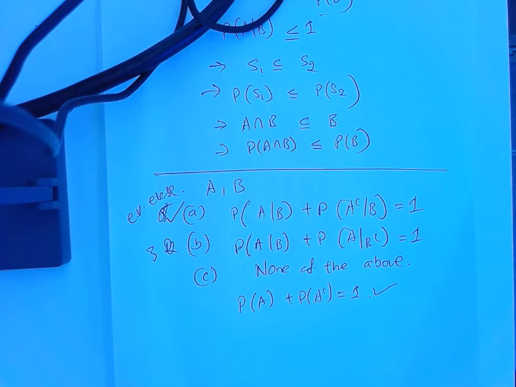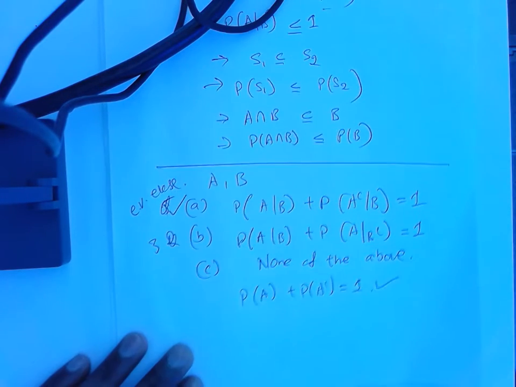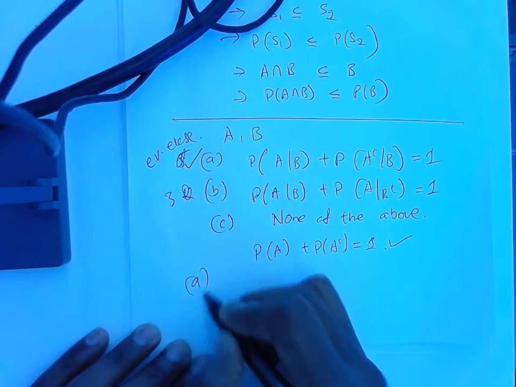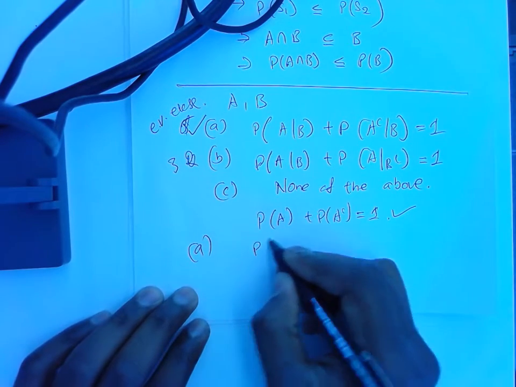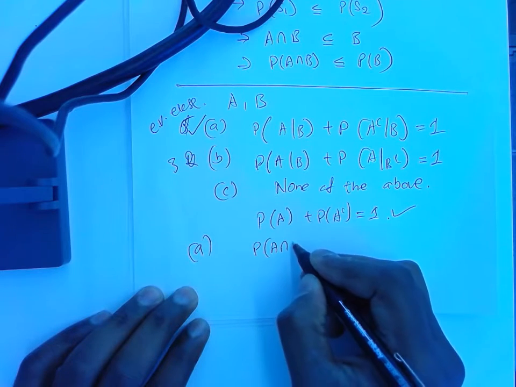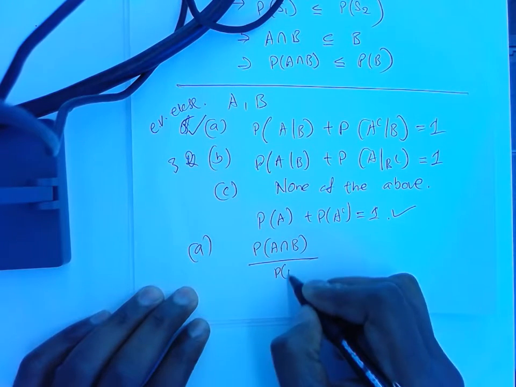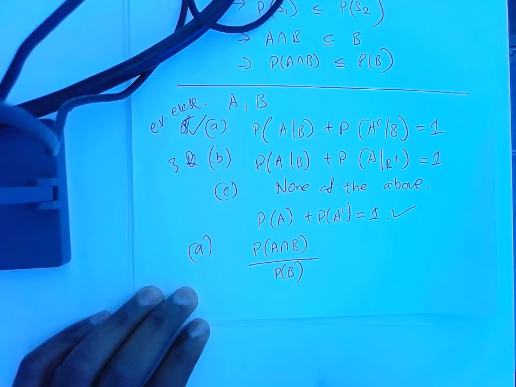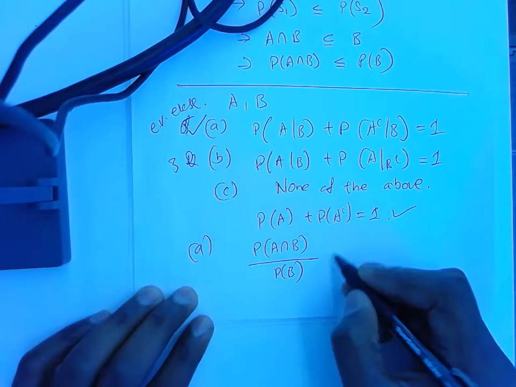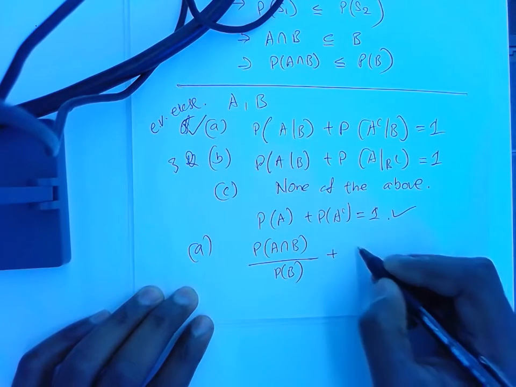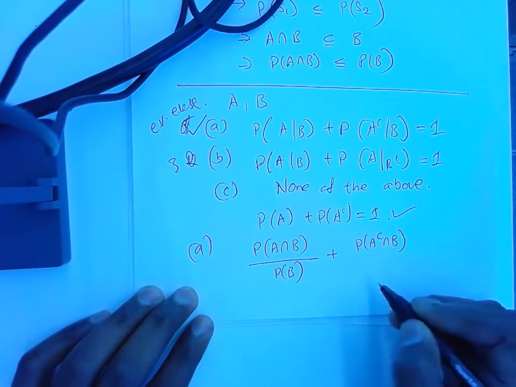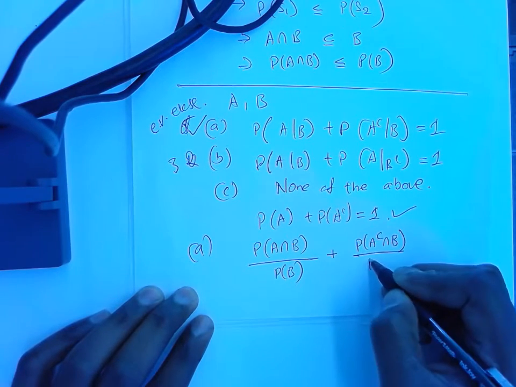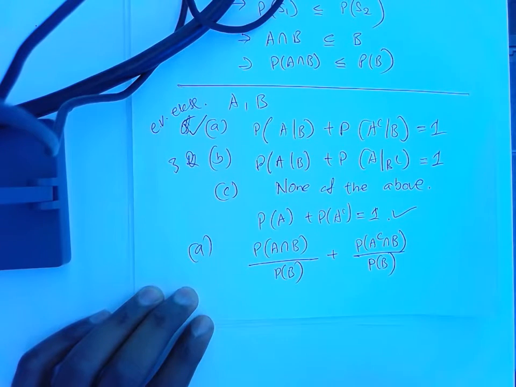Okay. All right. So let's prove this. Probability of A given B is probability of A intersection B divided by probability of B, right? And then plus probability of A complement intersection B divided by probability of B, right?